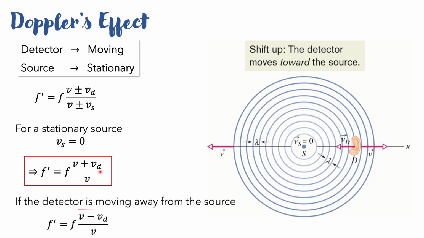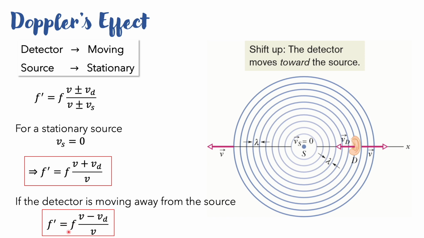Okay, if the detector is moving away from the source, then we will use this formula, meaning if the ear was moving away in this direction, then we will use a negative sign between these two. So in general we add both signs, but in the specific case when the detector is moving towards the source and the source is stationary, we put Vs equal to 0 and we use the positive sign, and when the source is still stationary but the detector is moving away from it, then we use the negative sign between the speed of sound and Vd, the speed of the detector.